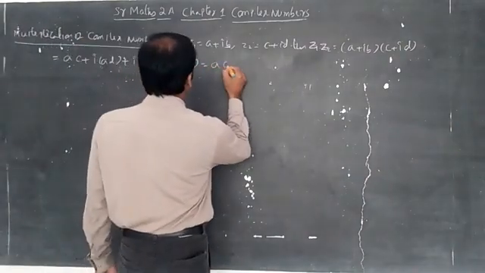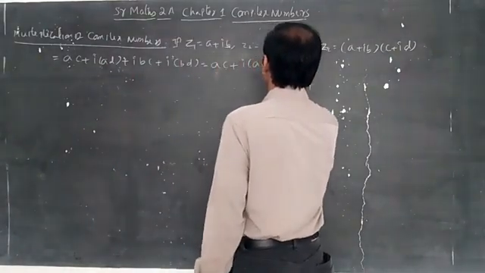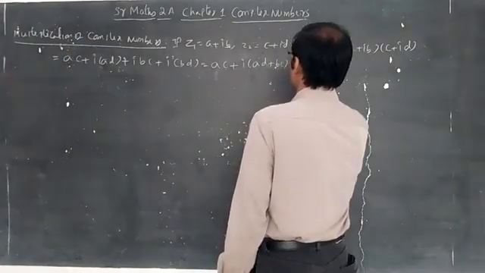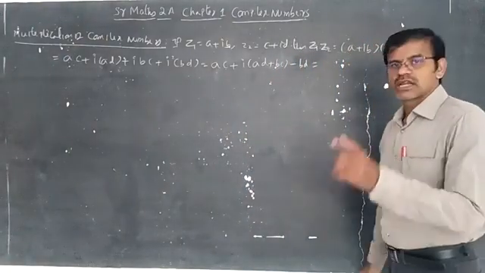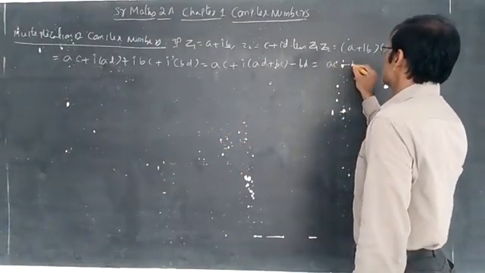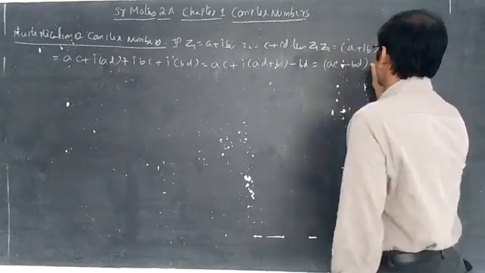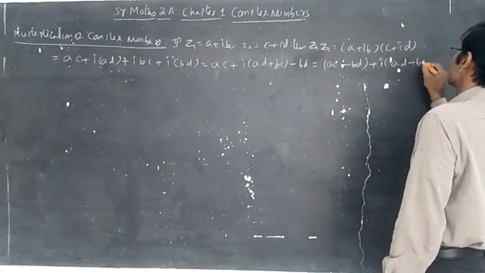You can understand now, this is AC minus BD, plus i taken common, AD plus BC. So try to understand that, write the real parts on one side and the imaginary parts on the other side. So (AC minus BD) plus i times (AD plus BC).